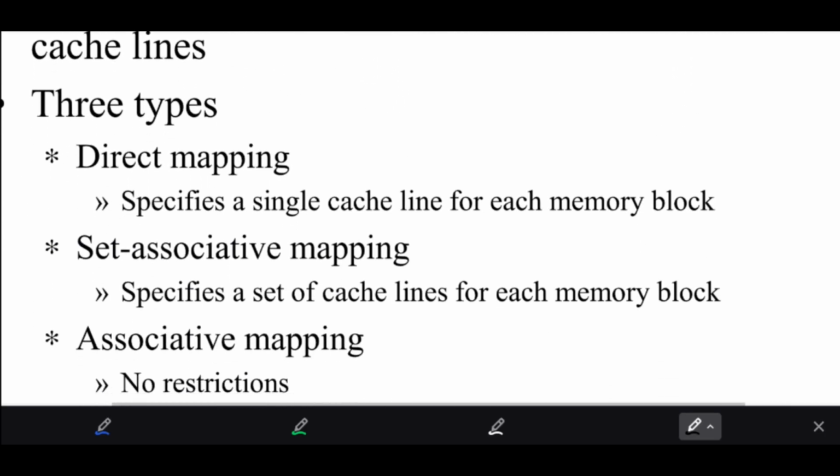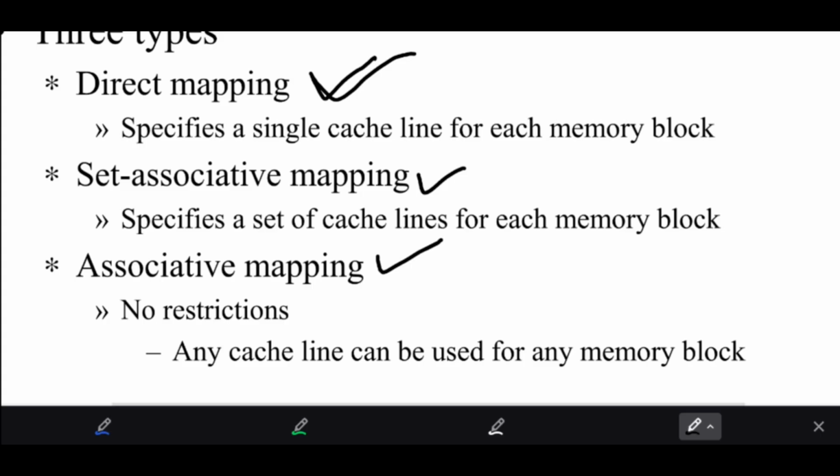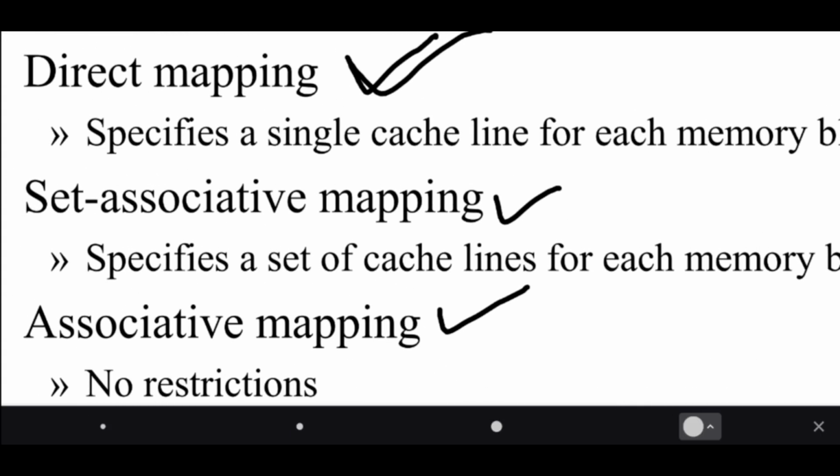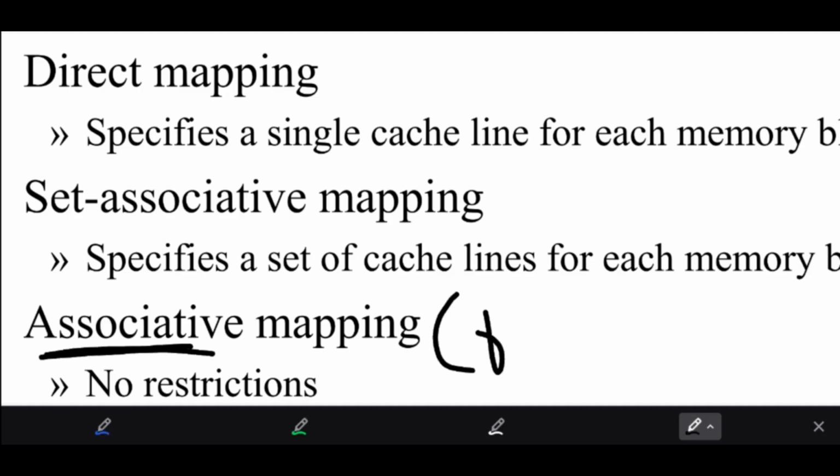First of all, there are three types of cache mapping. One is direct mapping, then another one is set associative mapping, and the third one is associative mapping. Okay, let's zoom in. First of all, associative mapping is also called fully associative.